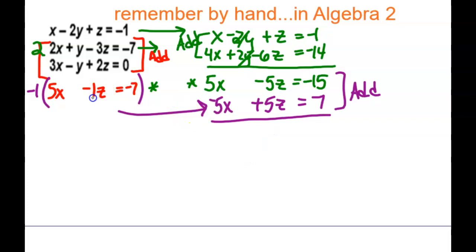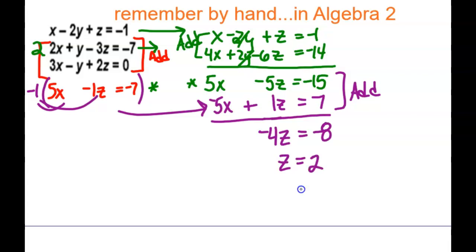Oh, I was multiplying by negative 1, so this should be negative 5x plus 1z, right? Like everything can't drop out, that's not a good moment. Negative 1 here, this would be a plus 1z and a plus 7. Okay, fixed. Add these together now, and I get negative 4z equals negative 8, which means z is 2.